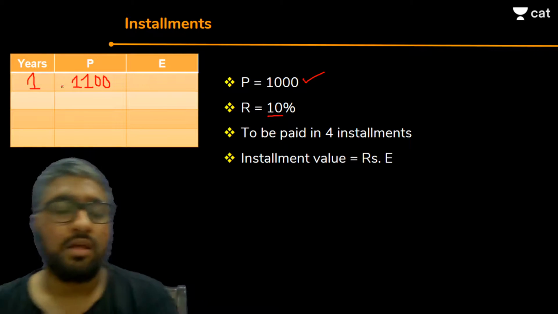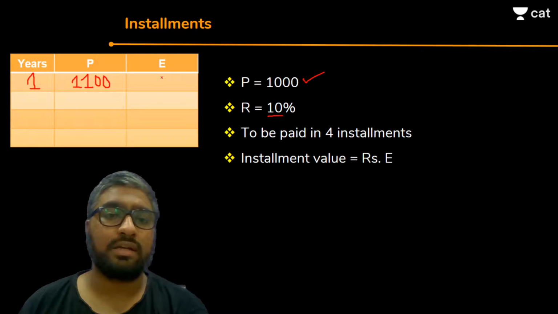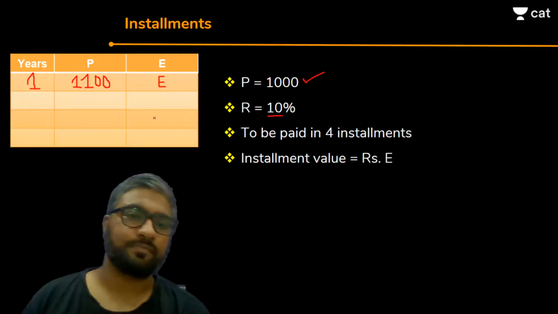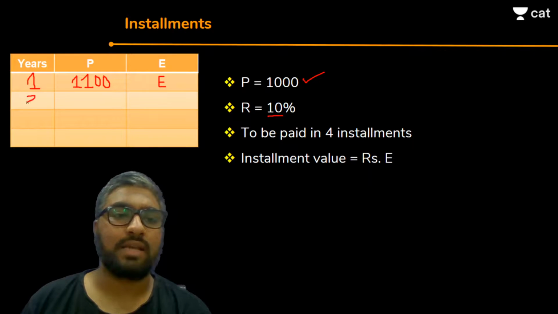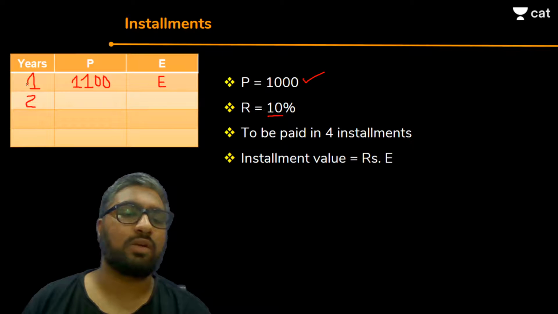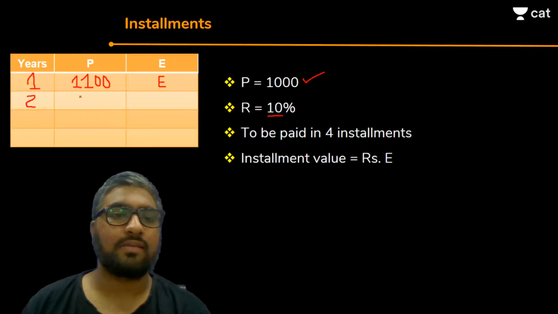And how much should be the installment that you will be paying me? Now, when this moves on to the second year, what will happen? Another 10% would be applied on this. Would become what? 1,210, right?